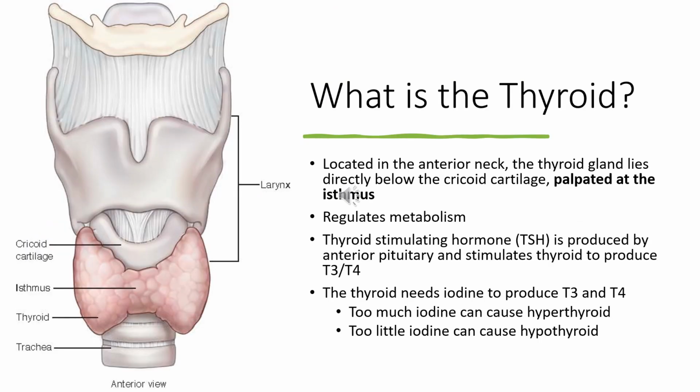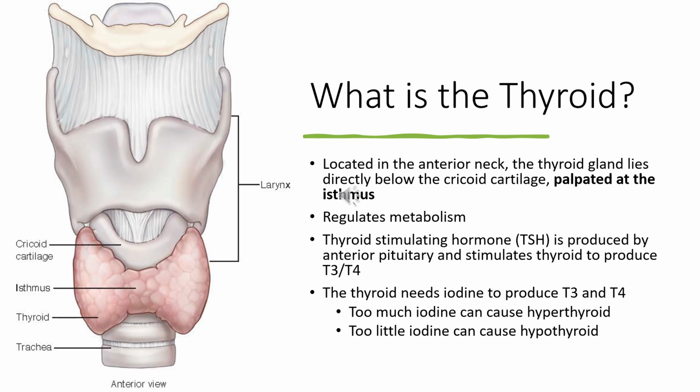What's the thyroid? The thyroid is that gland, like I said in the previous slide, butterfly shaped, that sits on the throat. When it gets swollen, obviously it can lead to goiters. This gland regulates metabolism.